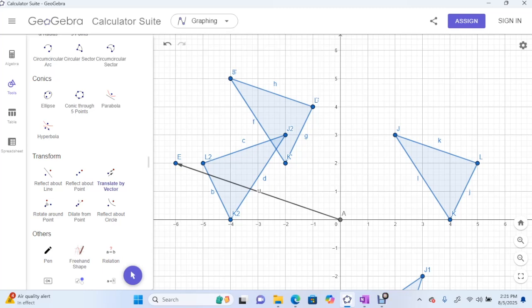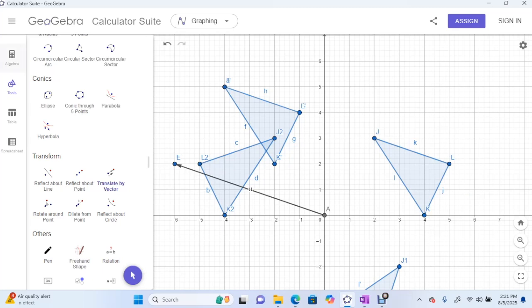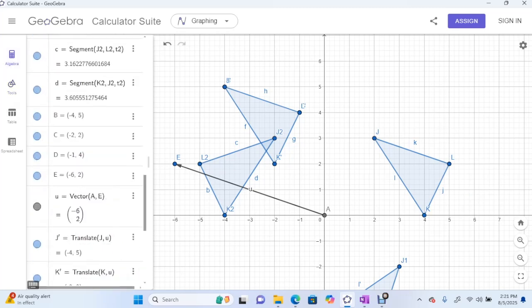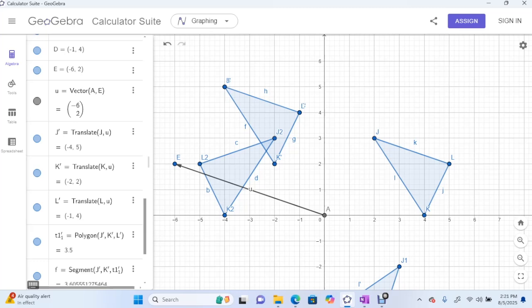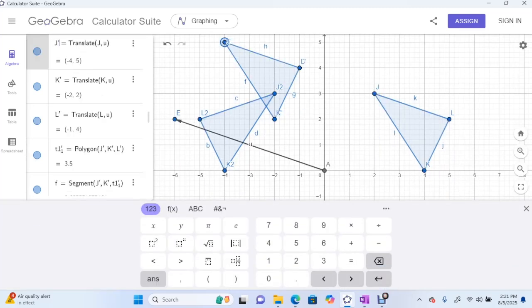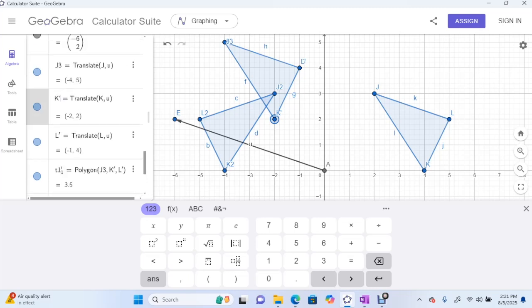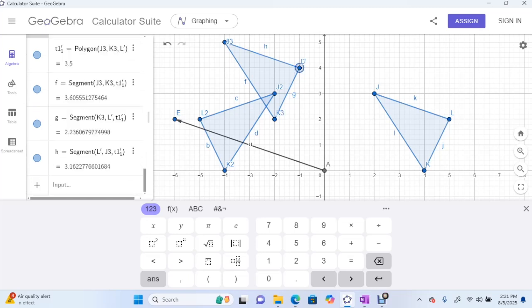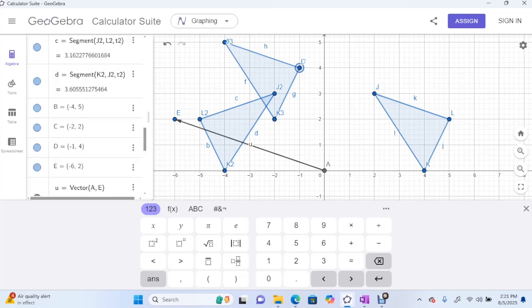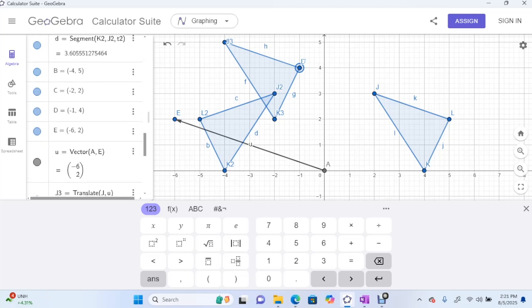And then I'm going to change the variables or the labels for that. This is going to be J3, and this is going to be K3, and then this is going to be L3. And that will be it.